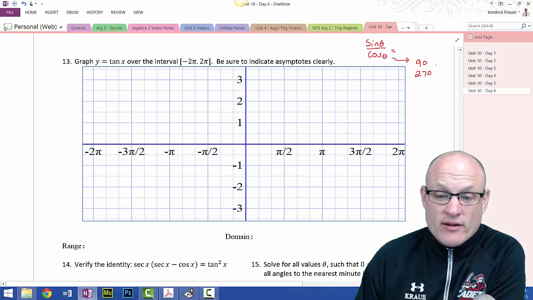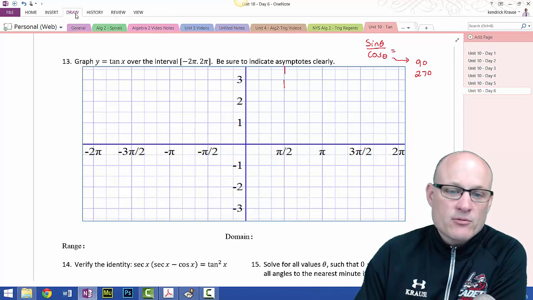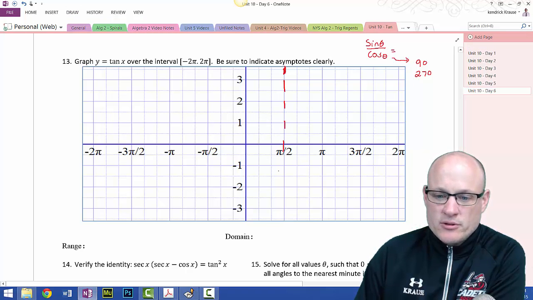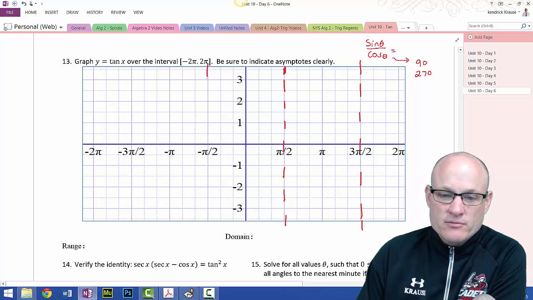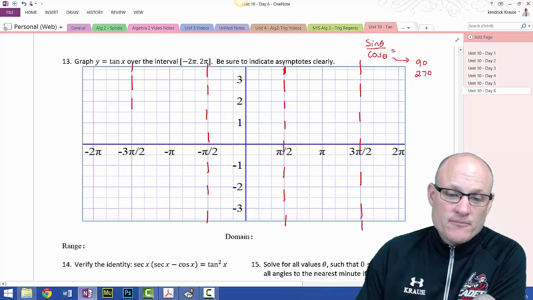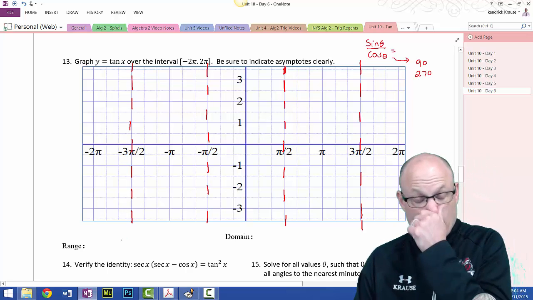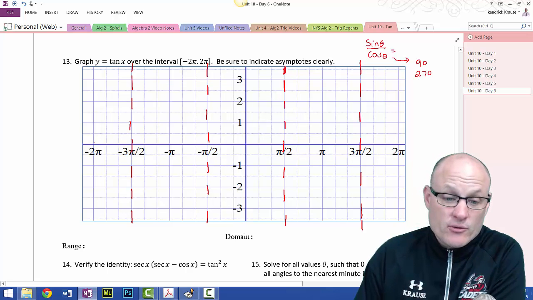So every time you see one of those, you will have an asymptote, at pi over 2, at 3 pi over 2, and at negative pi over 2. Every 90 degrees and every 270. If you remember correctly, tangent is undefined at all the odd pi over 2's. Cotangent is undefined at all the pi's. In between all those are zeros.